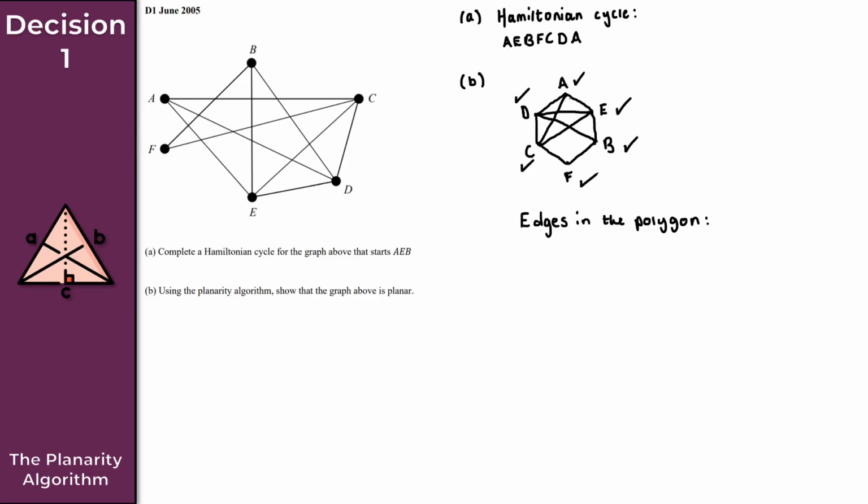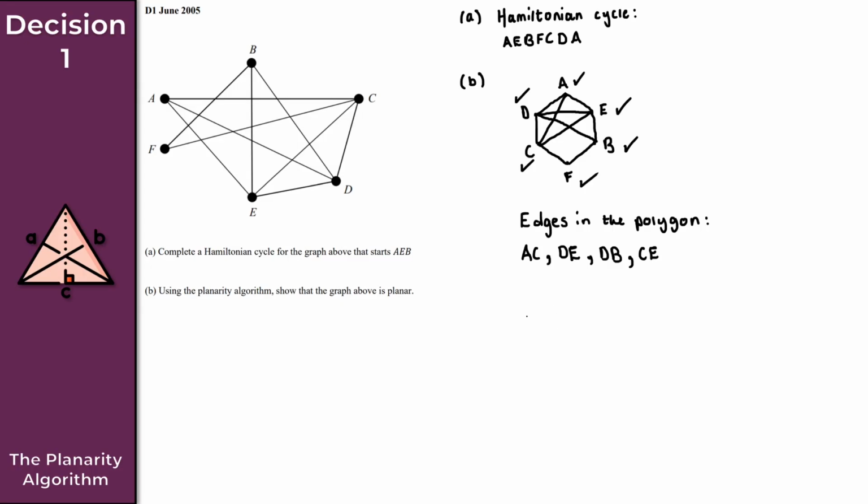We've got AC. What else do we have? We've got DE, from D to E. We've also got D to B. And then finally, what am I missing here? C to E, right? Perfect. Okay. So we've got 4 edges inside the polygon.